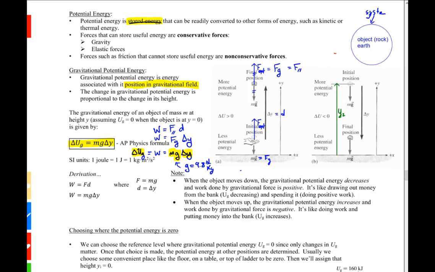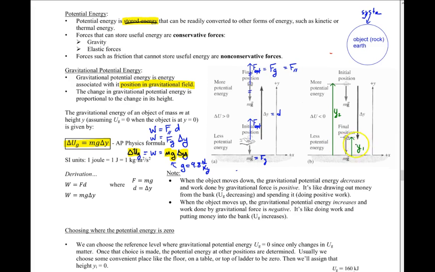When problem solving, it is helpful to choose an appropriate reference level where the gravitational potential energy is equal to 0. You see, I started off with this y sub 2 over here, and then I've labeled over here the final position y sub 1. You could define the gravitational potential energy by simply using this formula U_g equals mgh.